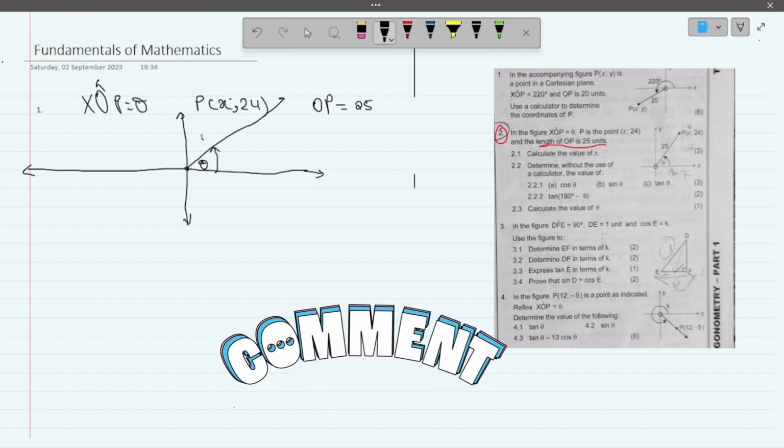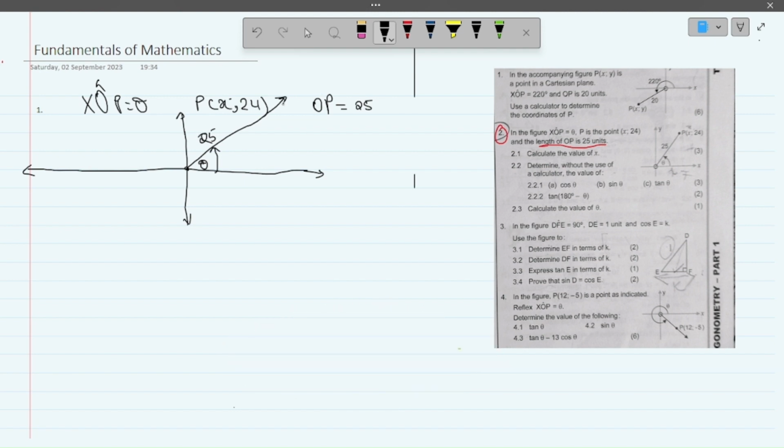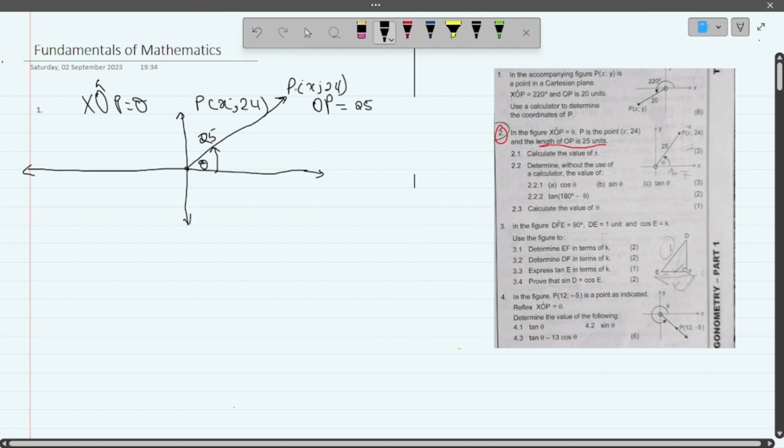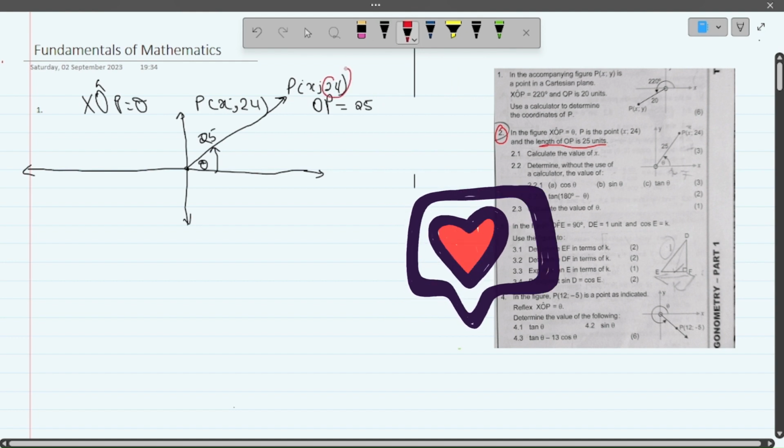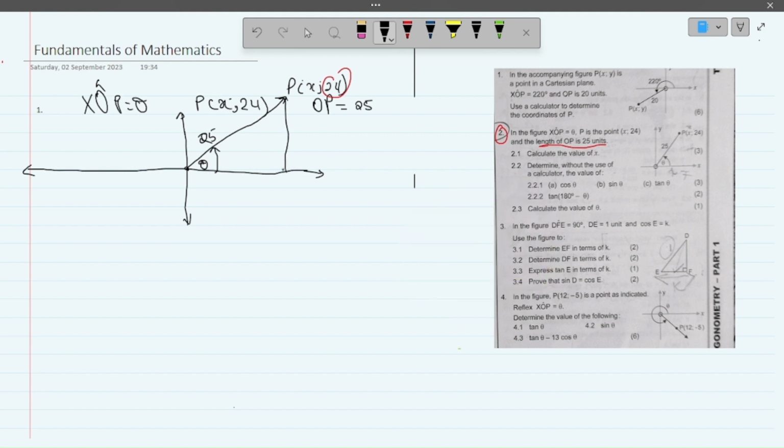We are told that OP is 25 units, and the coordinates of P are X and 24. Given that information, we know that 24 stands for the Y value. If you draw a vertical line perpendicular to the horizontal, that will represent our value of Y, which is 24 units.